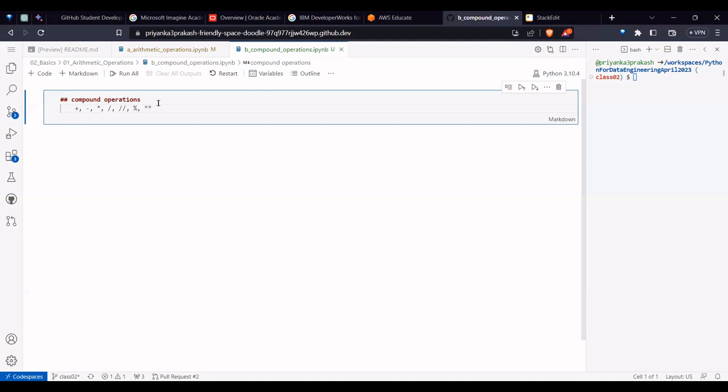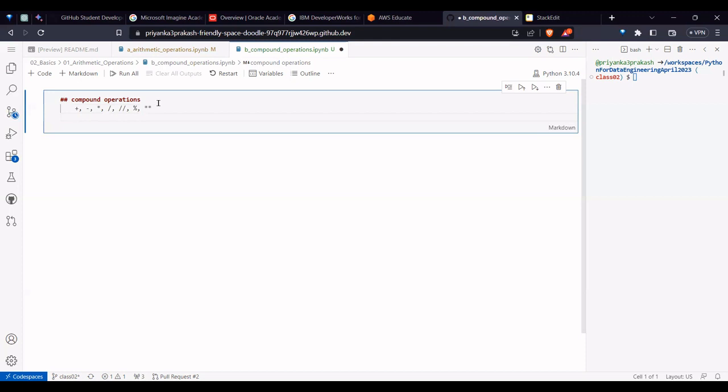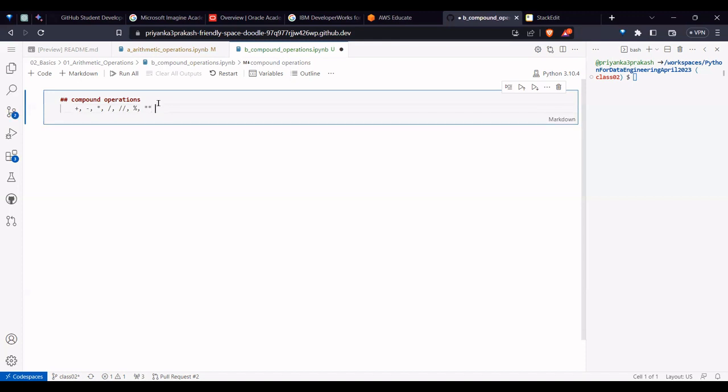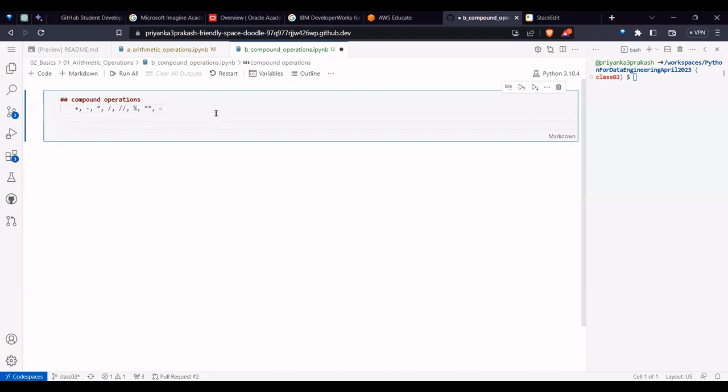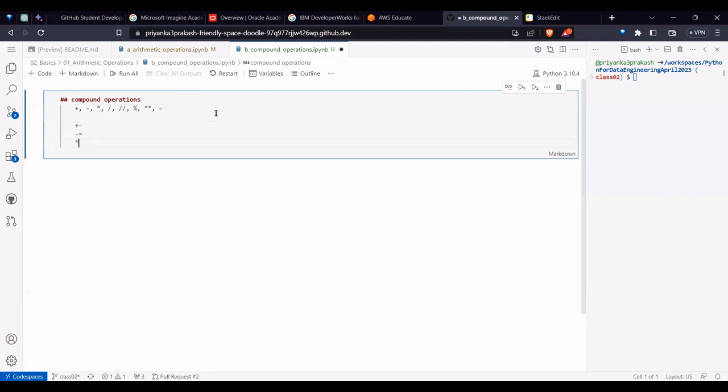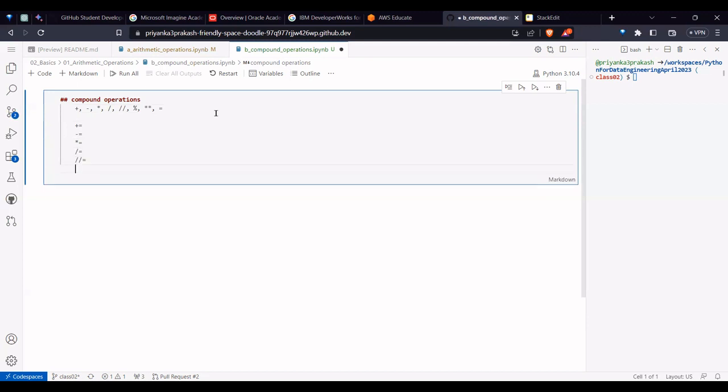So till now we have learned these operations. And we also saw the assignment operation, right? Compound operation means assignment combined with another operation, like plus equal to, minus equal to, multiply equal to, division equal to, floor division equal to, and percent equal to.